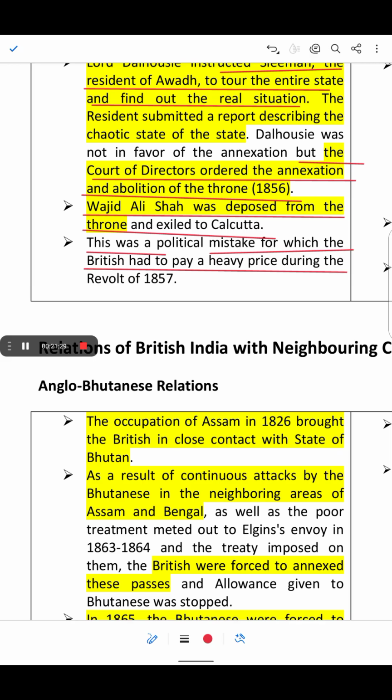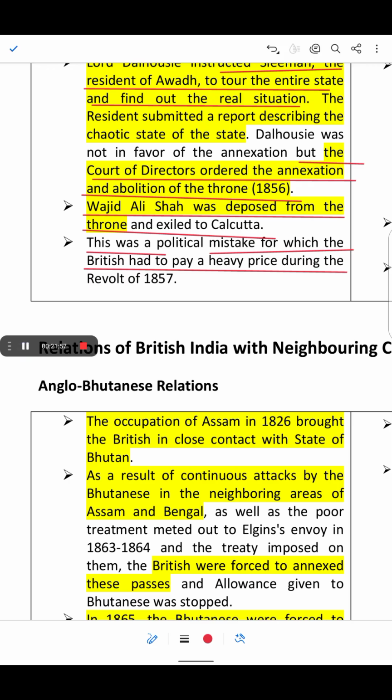Exile means forcing someone to leave their home or country and live somewhere else as a punishment. So Nawab Wajid Ali Shah was exiled to Calcutta in 1856, and he was forced to leave Awadh and live in another city, that is Calcutta.